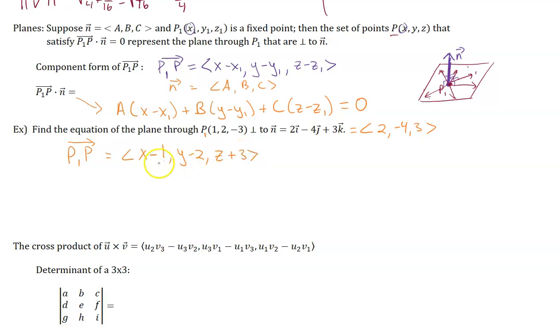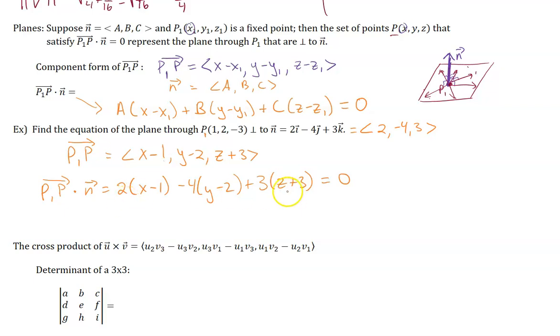And then I'm going to do the dot product of this with vector n. So P1 to P dot n is 2 times x minus 1, minus 4 times y minus 2, plus 3 times z plus 3, and we know that this is equal to 0.